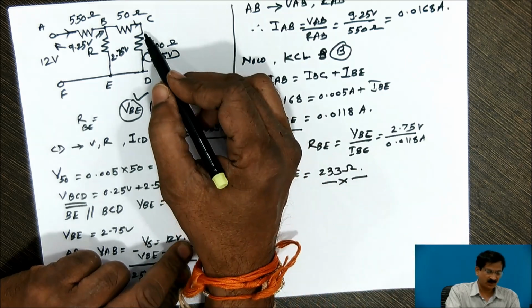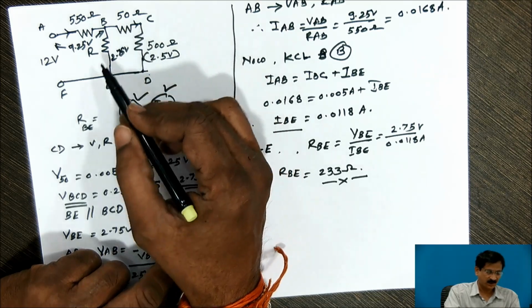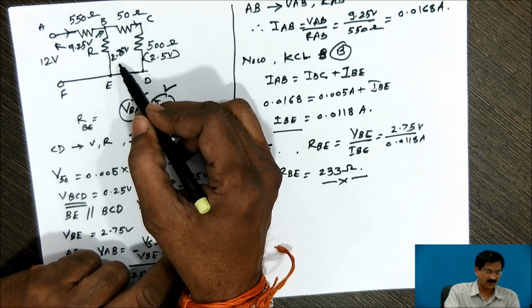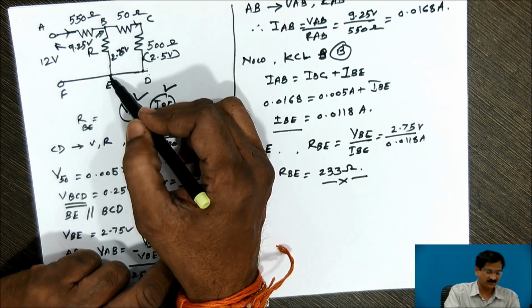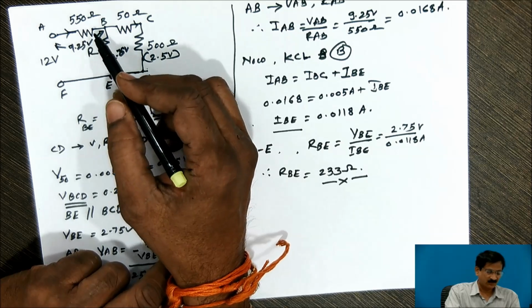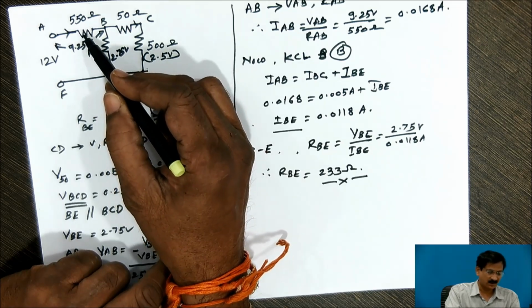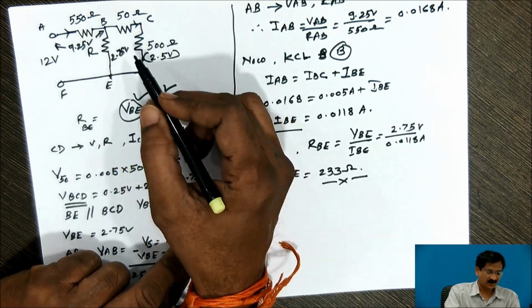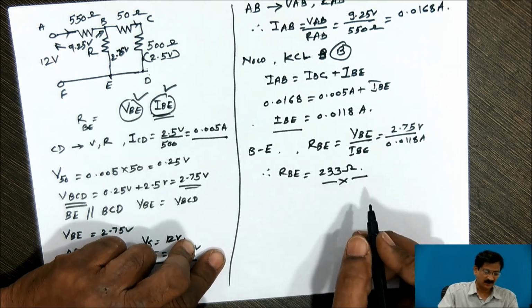Then we found the current ICD, then the voltage across BC, that is 50 ohm, the total voltage appearing across the unknown resistance 2.75, because BCD is in parallel with BE. Then we got the value of voltage across this. Then current flowing through AB, and using KCL, current flowing through IBE.